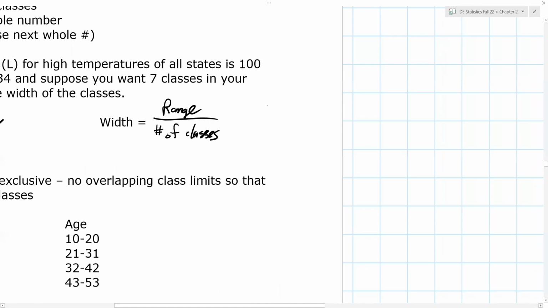So 34 divided by 7 classes comes up with 4.86. So that means our class width is going to be 5. Now, we would normally round 4.86 up to 5, so that makes sense.